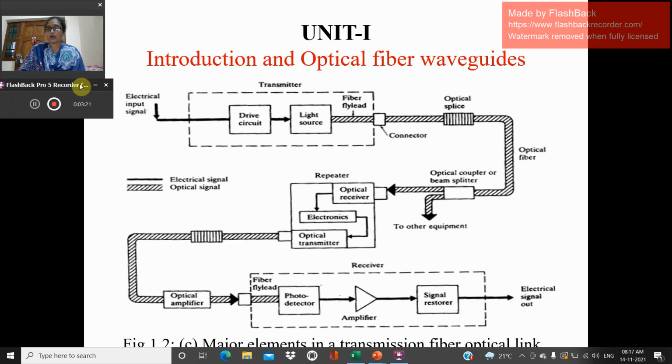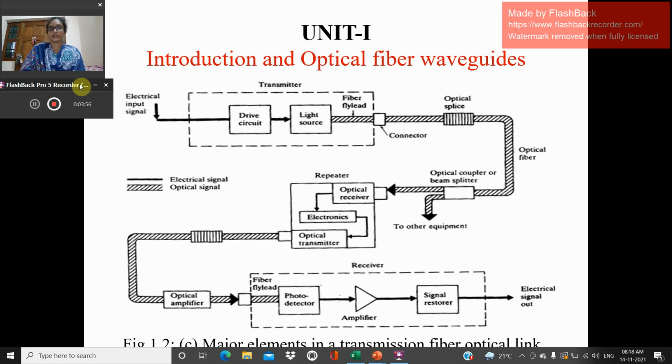In the repeater section, this signal is collected in the optical receiver. What is the main function of the optical receiver? It receives the optical signal and converts it into an electrical signal.